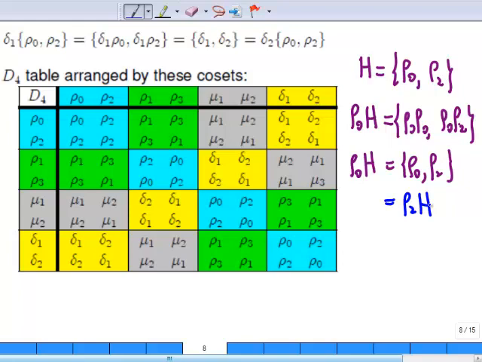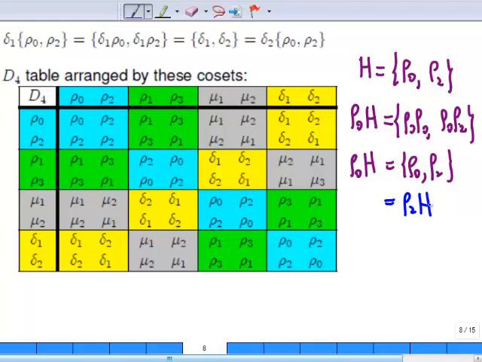Total 360 degrees, going back to the original position, as if nothing happened. So rho 0 H and rho 2 H are the same coset.